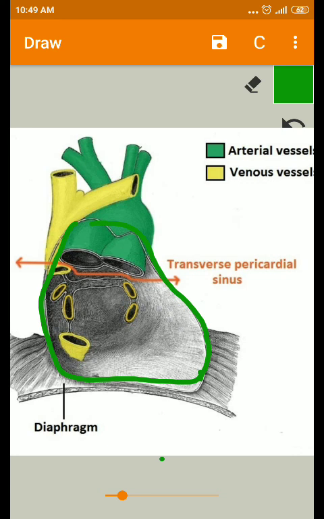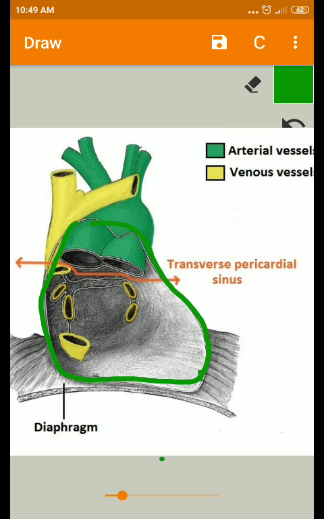Another function is lubrication. A thin film of fluid present between the two layers of the pericardium reduces the friction generated by the heart as it moves within the thoracic cavity. Why?